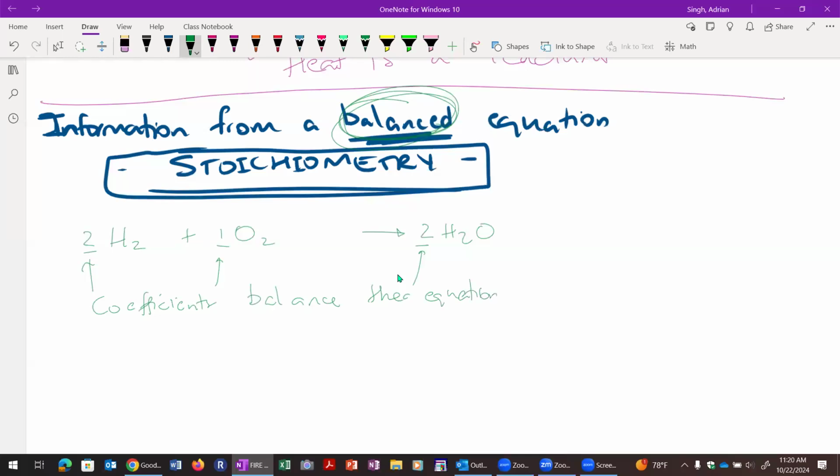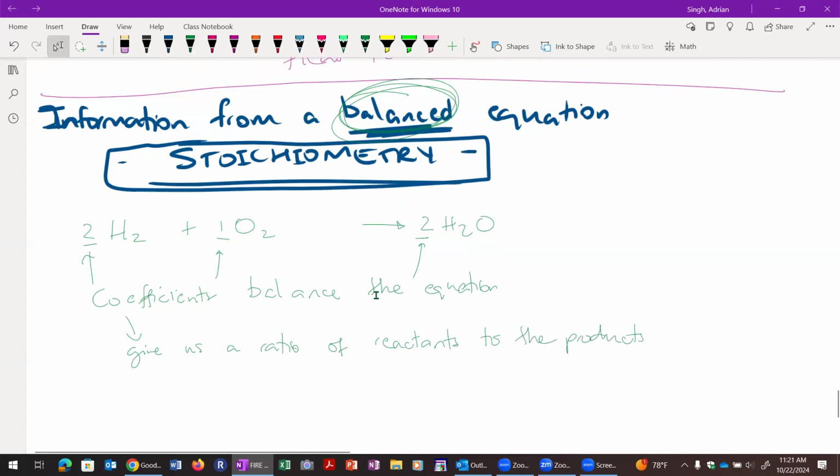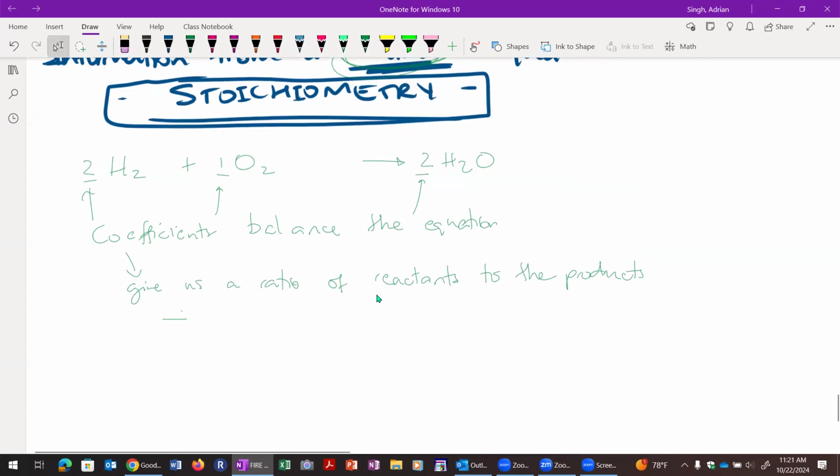But what they also do is they give us a ratio of the reactants to the products. And that ratio is nothing more than a mole ratio. So in other words, another way I can look at this equation is as follows.